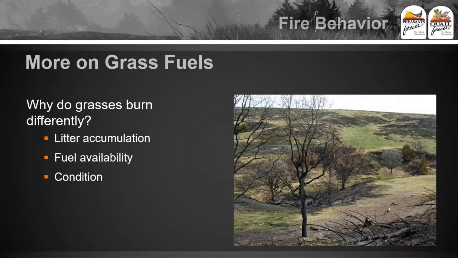Also, if you haven't burned in 15 years and it hasn't been grazed, you've got a lot of litter that could change fire behavior. Also, the condition. This past year was burned in mid to late April and it was starting to green up really good, so it didn't burn very well. So just that condition, and that goes back to what our fuel moisture did.